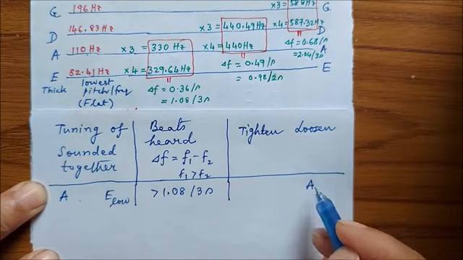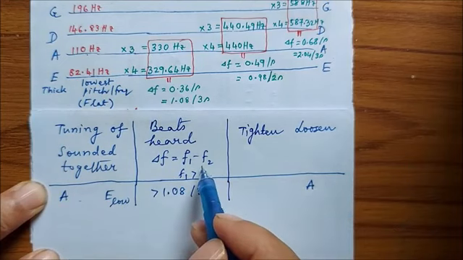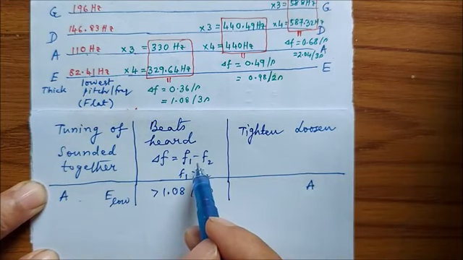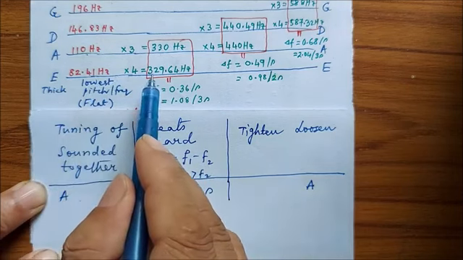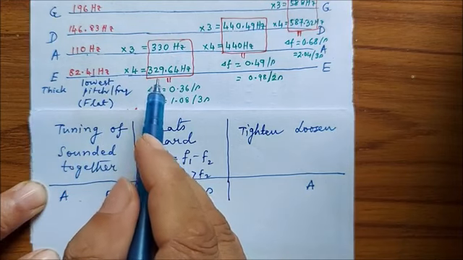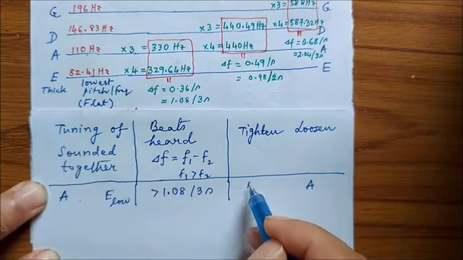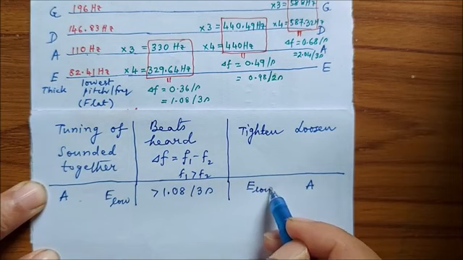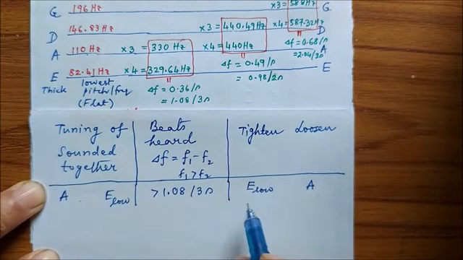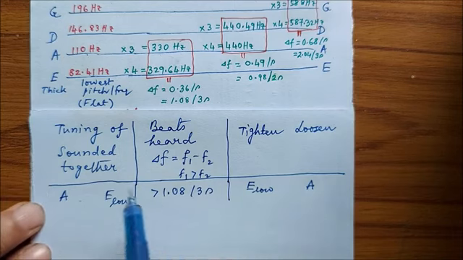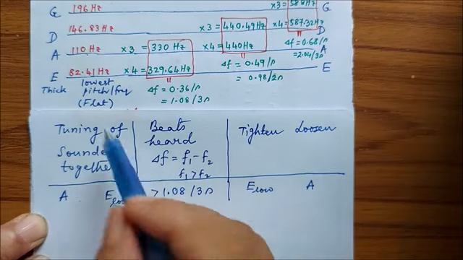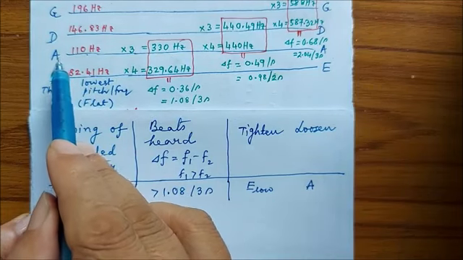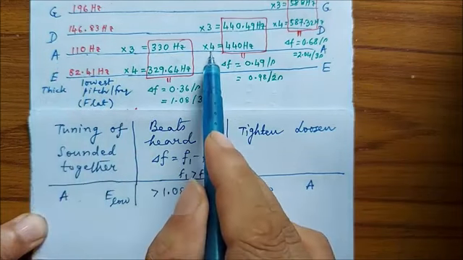So the A string has to be loosened, and the frequency of E, which has the lower frequency, has to be enhanced, and this can be done by tightening it. And if by doing it the number of beats is reduced to 1.08 per 3 seconds, we say that these two strings are tuned.